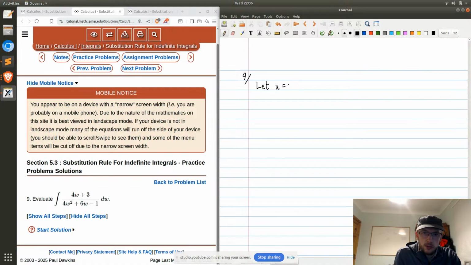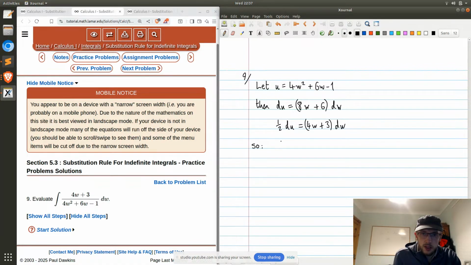So let u equal 4w squared plus 6w take 1. Then getting differentials, we have 8w plus 6, all of that is dw. So a half of du equals 4w plus 3 dw.